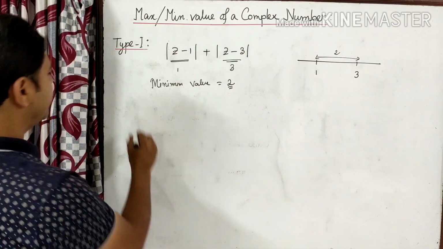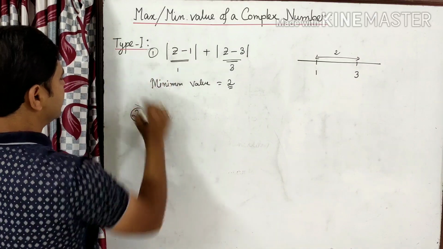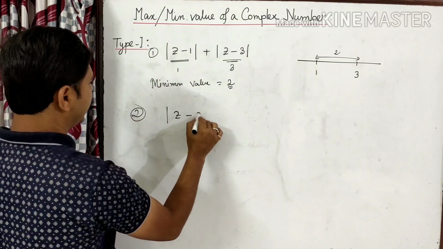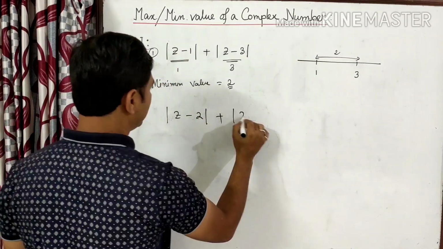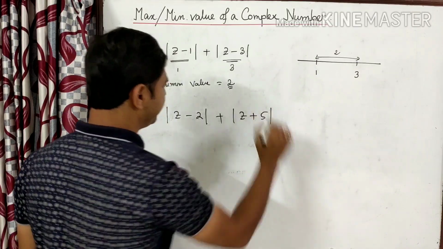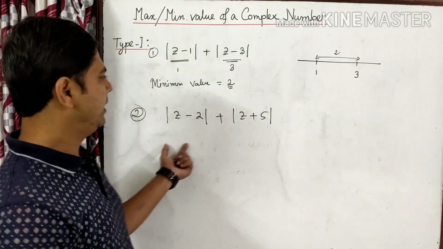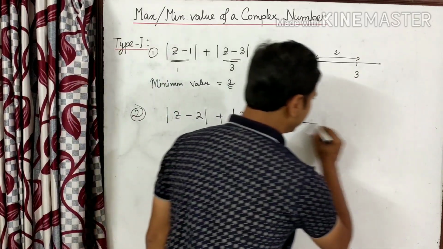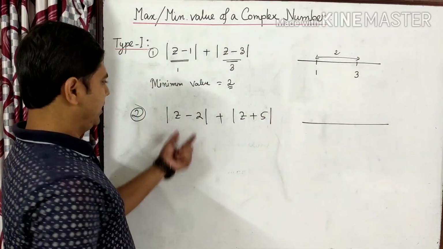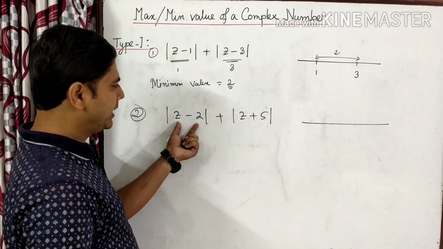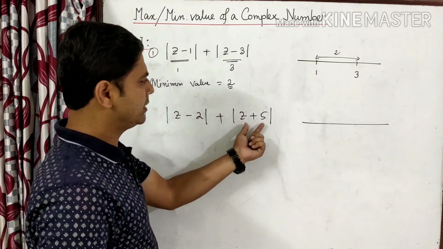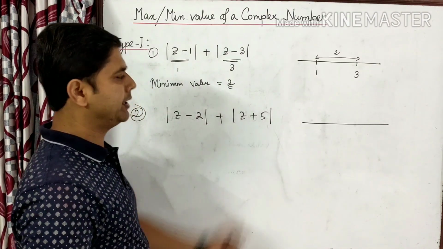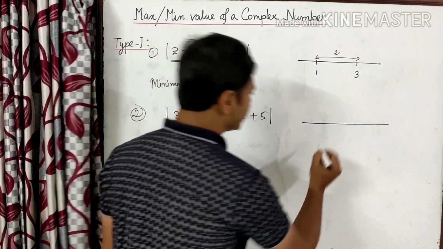Now if we consider another example, say modulus of z minus 2 plus modulus of z plus 5. Now you have to find the minimum value. The same procedure: if you draw a number line and consider this part equal to 0, then you have z equal to 2. Otherwise, when you consider this part equal to 0, then z equals minus 5.